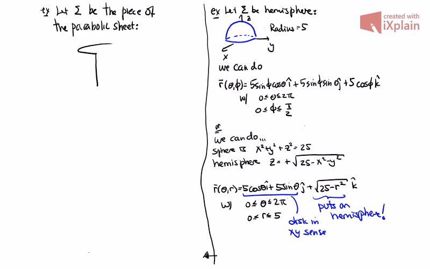It's just a piece of this. So this parabolic sheet will be just y equals x squared. That opens sort of up to the right around the y-axis. And so this is how I'll describe the sigma for you.